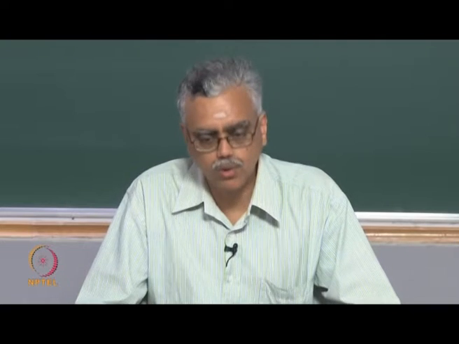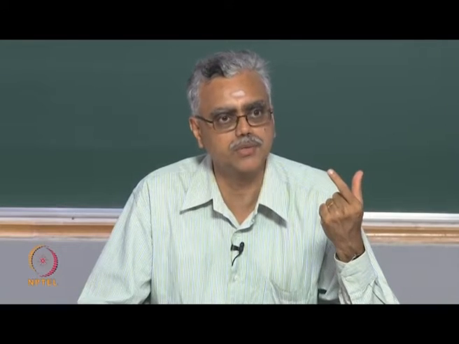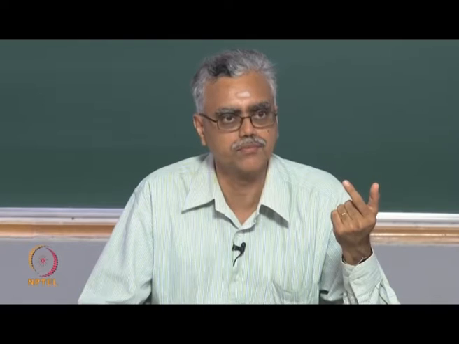Now, we are going to quantify the efficiency of this device in the same manner as we did before. You can clearly see that the stagnation state changes from 01 to 02. We want to make sure that we can relate this change to a change in stagnation temperature for an isentropic process.